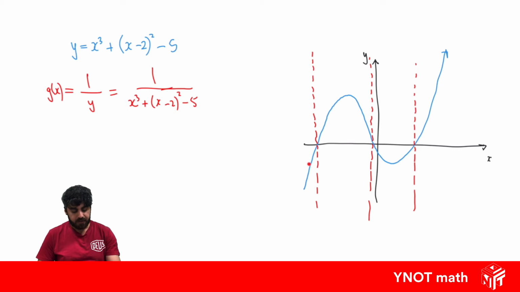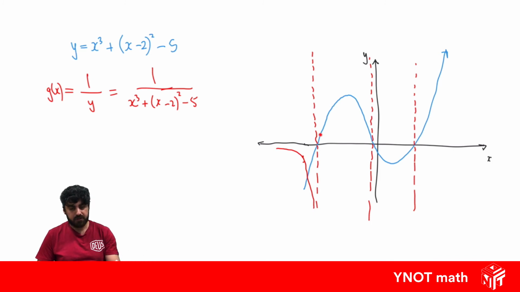As these y values are all negative, and as they get closer and closer to 0, the 1 over those values approaches negative infinity. So we're going to get something like this. And as those values get bigger, they actually approach 0 for y. So there'll be an asymptote there.